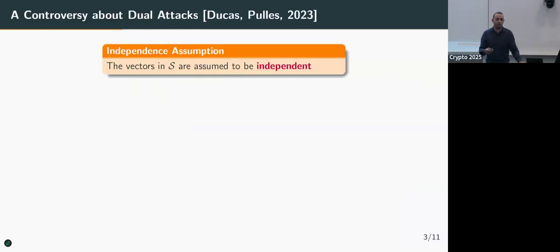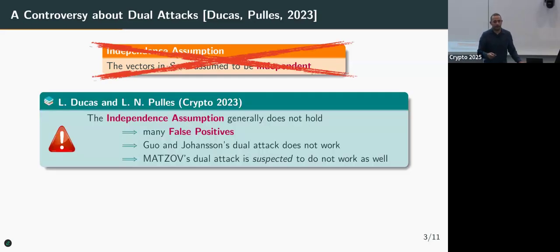But the problem is there is a controversy about dual attacks, and in particular about Guo and Johansson's dual attack, because their analysis is based on an independence assumption that says the vectors in S, the short vectors in the dual space, are assumed to be independent. But at Crypto 2023, Ducas and Pulles showed that the independence assumption generally does not hold.